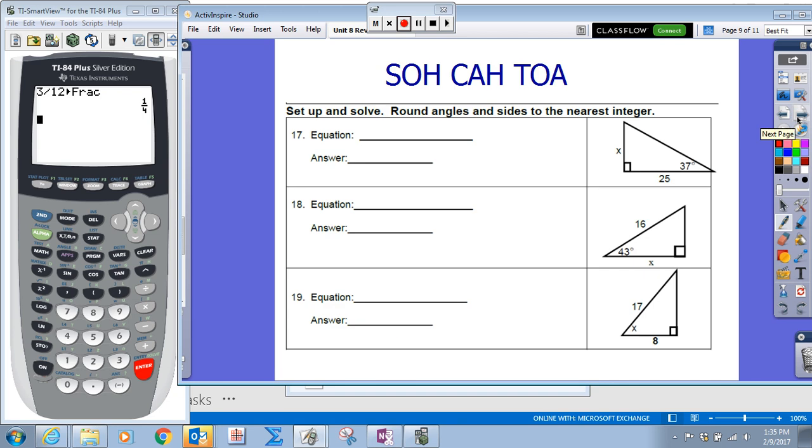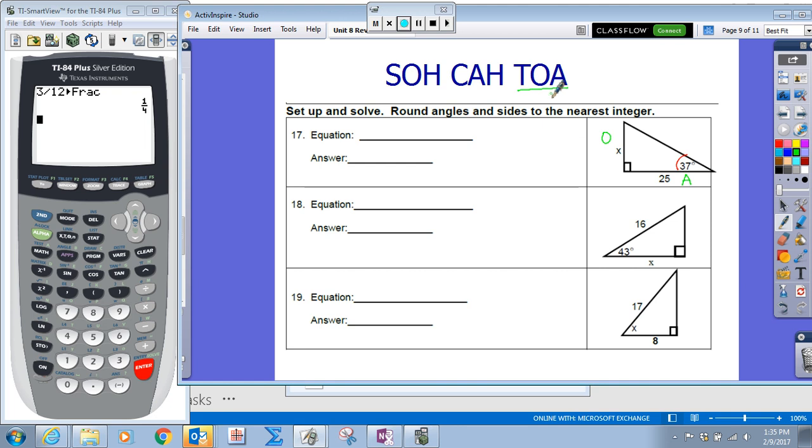Okay, now we're gonna solve some more problems using SOHCAHTOA. So we need to set this up. So from this angle, let's label our sides. So across the way is opposite. Right next door is adjacent. So since we only have O and A, we would use the tangent.